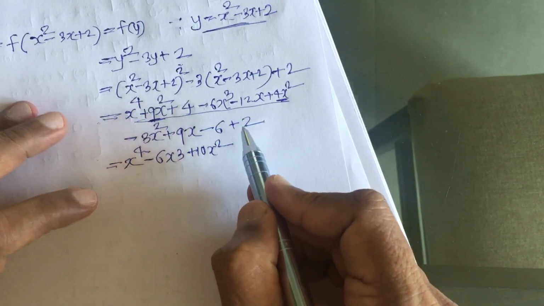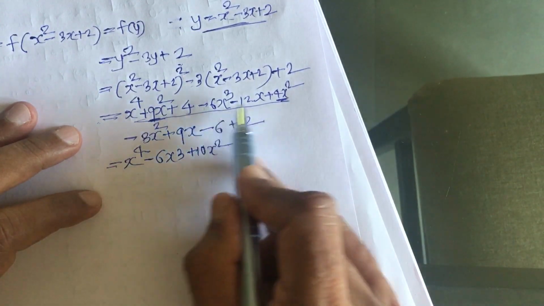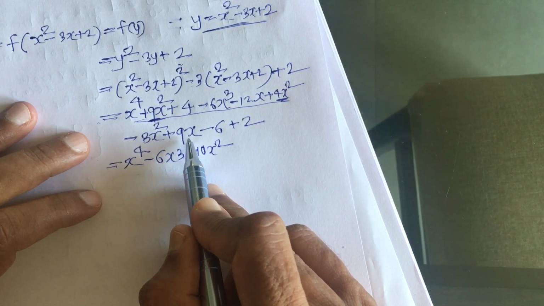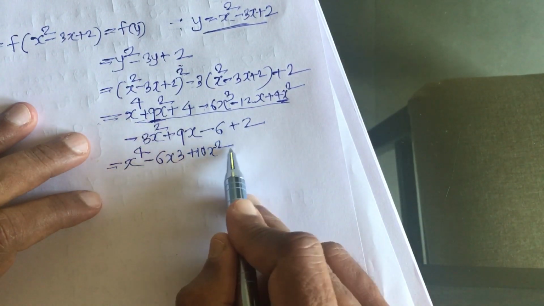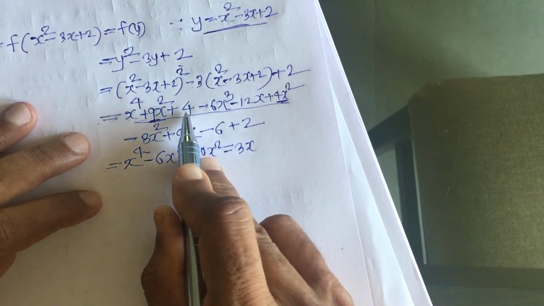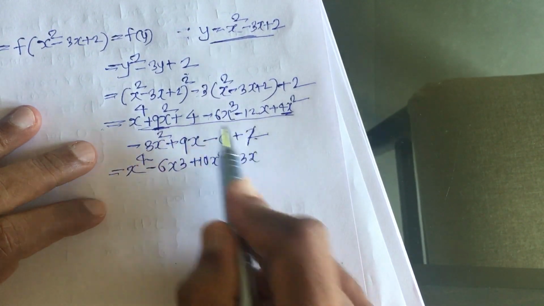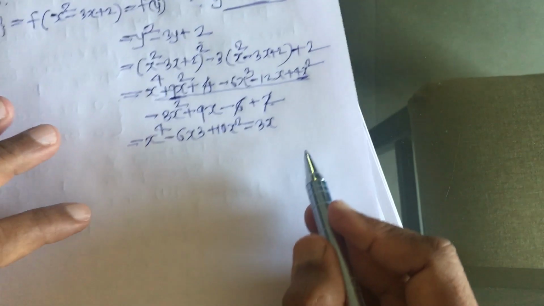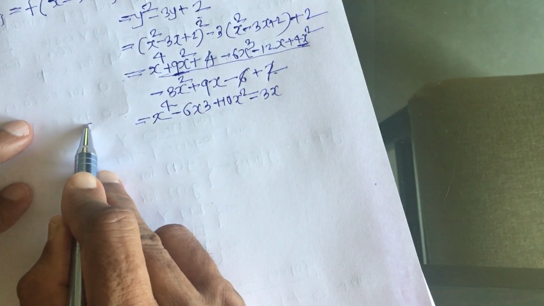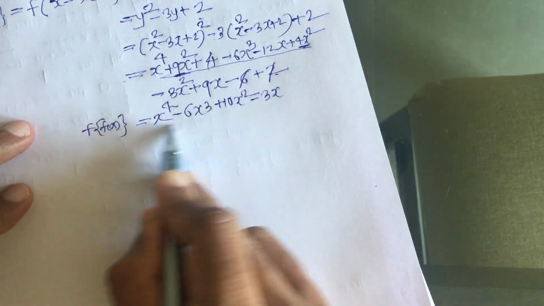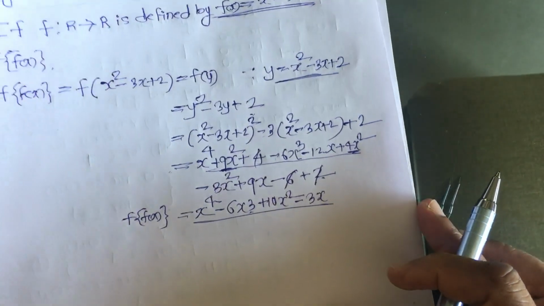After that minus 12x plus 9x, which is minus 3x, and 4 plus 2 is 6, and this minus 6 gets cancelled. So, this is f of x.